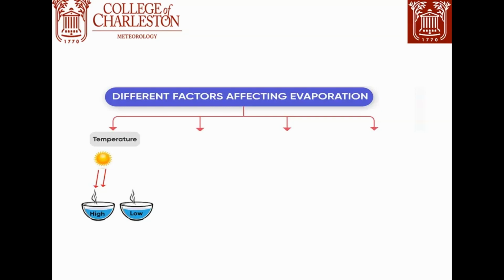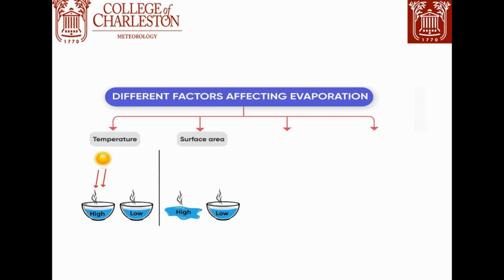Another factor that we haven't looked at is what is called the surface area. The surface area relates to how much of your object or how much of the water is exposed to the air. Now, what we expect is that evaporation should increase with an increase in that surface area. That's because if the surface area is increased, then the amount of liquid that is exposed to the air is larger.